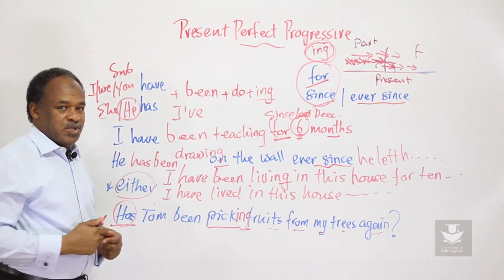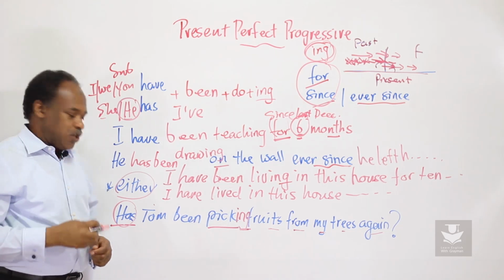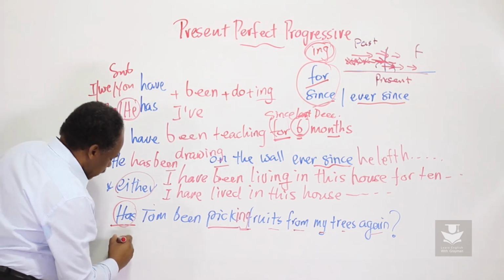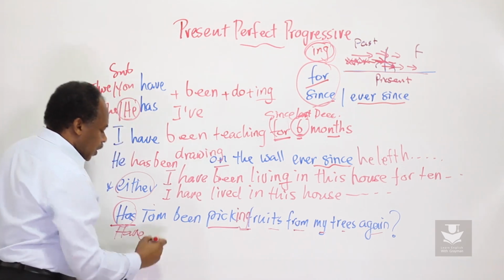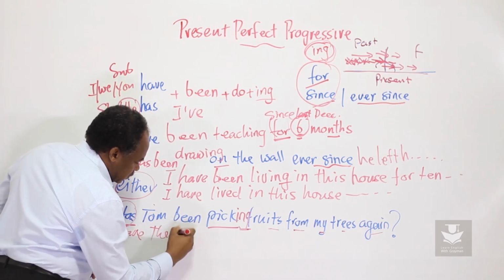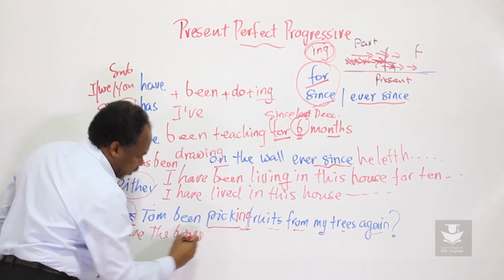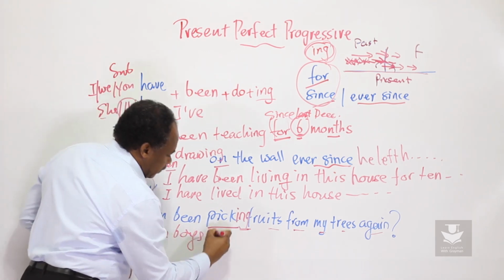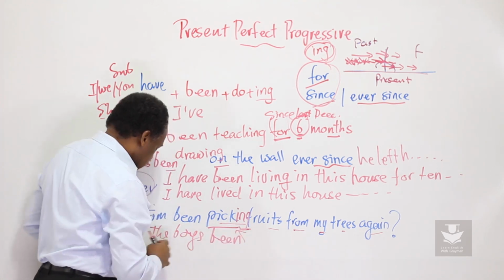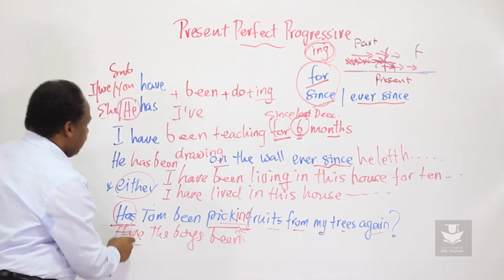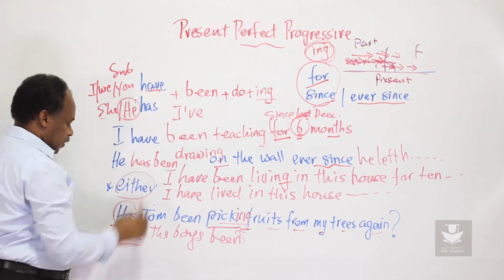Can we make another question? Let's do it together. Have the boys been picking? Have the boys, have here. Why do we use have? Because we use have here. We got it.